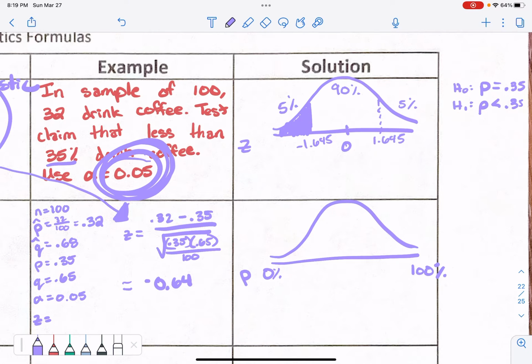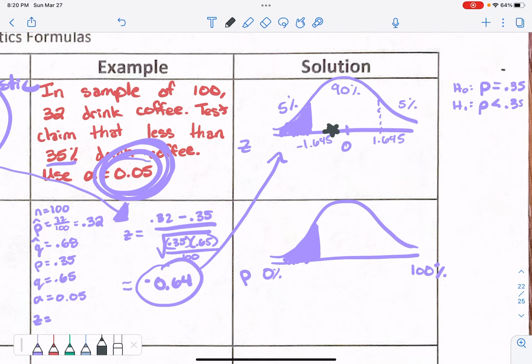Okay, versus down here, what we're going to do is, shoot, I'm going to have to look up some stuff. Negative 0.64 is what we're going to look up. When we're looking at conclusions here, negative 0.64 is going to live right here.